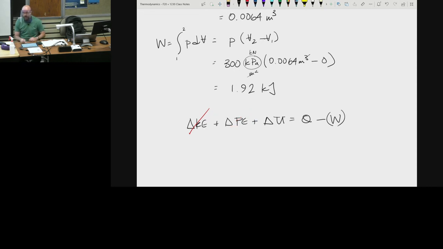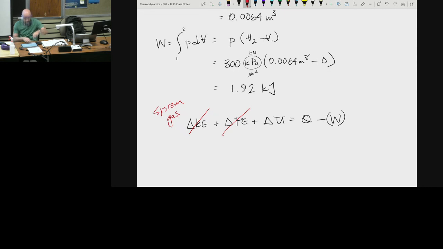Students ask this question to me all the time. There is a potential energy change of that piston because it's moving up. Why isn't there a potential energy change if my system here is my gas? I understand why there's no kinetic energy change of the gas because it's not moving with any velocity. But why isn't there a potential energy change for the gas?